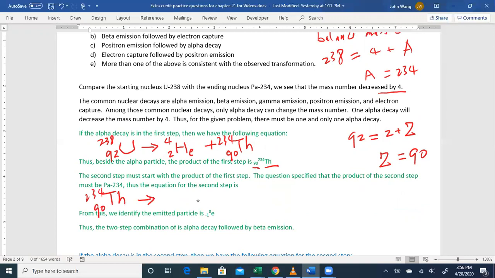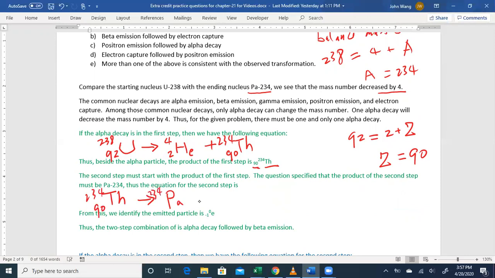And then we identify what will be the decay mode for the second step, but that depends on the information of the problem. The question tells us the product after the two steps is protactinium 234. Therefore, we know for sure one product will be Pa 234.